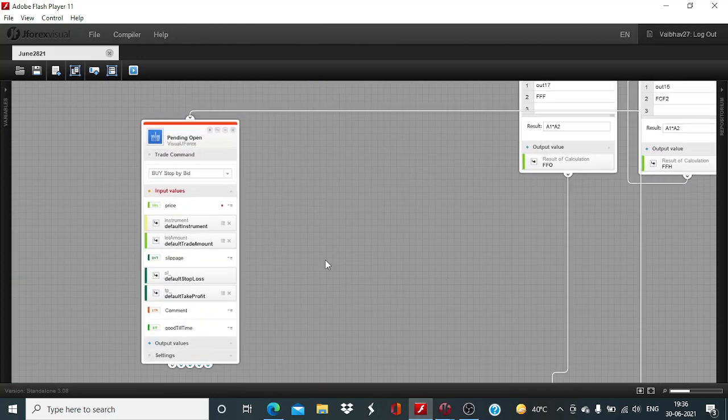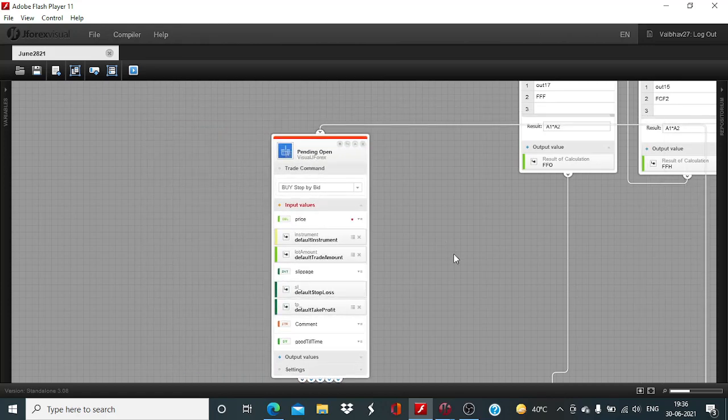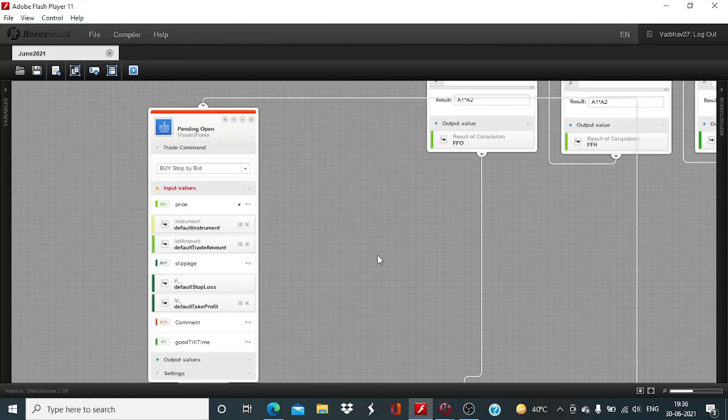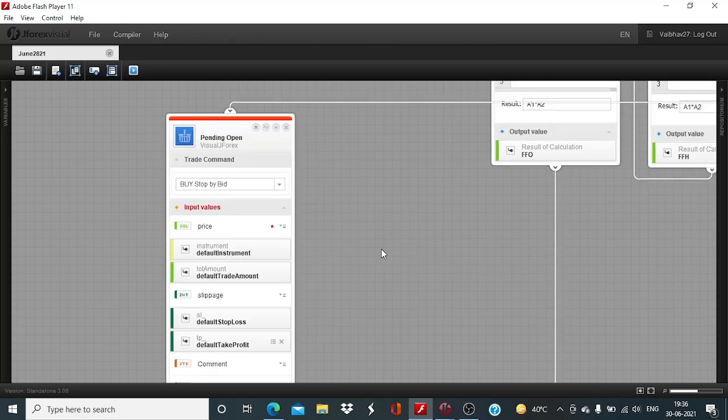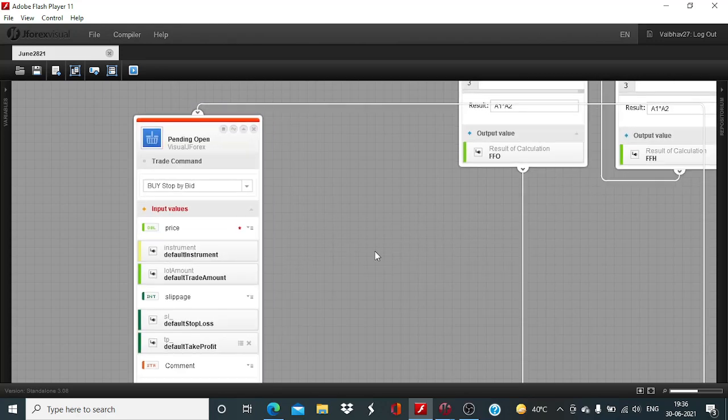Coming to the parameters, we have to define the entry point for the placing of order, and that is going to be on the higher side of the current market price.